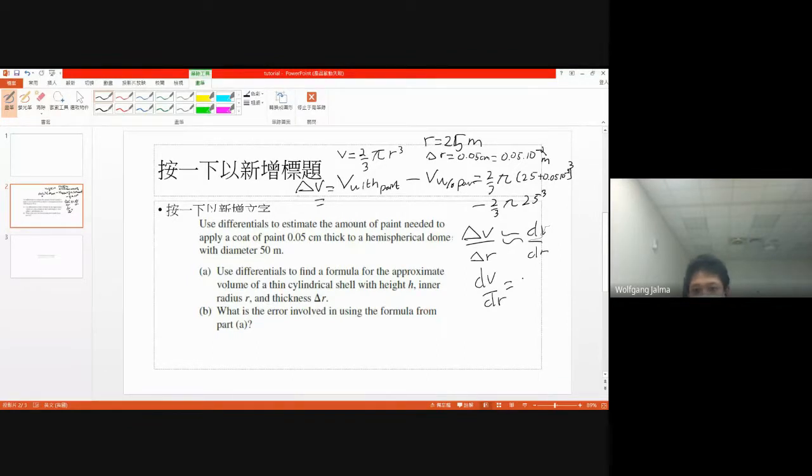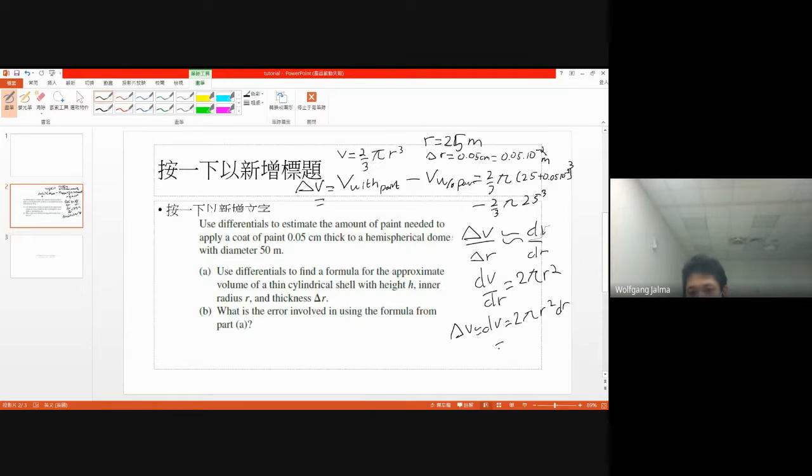It is 2 pi r squared, right? So dV is basically 2 pi r squared dR. So delta V is more or less dV equals 2 pi r squared dR.